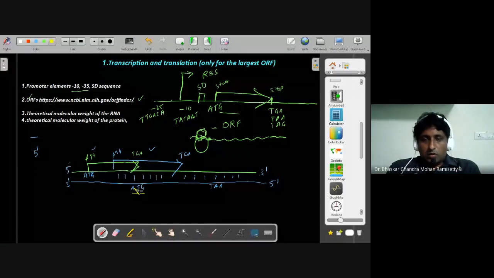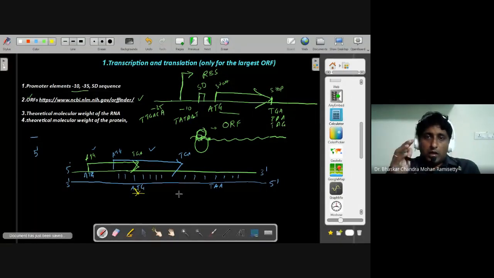No, this is not a start codon, because every time we read anything, it should always be from 5 prime to 3 prime. Replication happens 5 prime to 3 prime. Transcription happens 5 prime to 3 prime. Translation by the ribosome also happens 5 prime to 3 prime. That polarity has some meaning, and that's why we always have to be mindful of 5 prime to 3 prime.